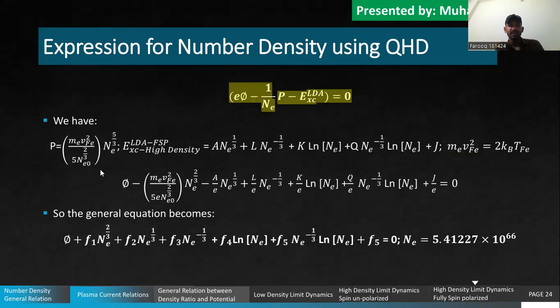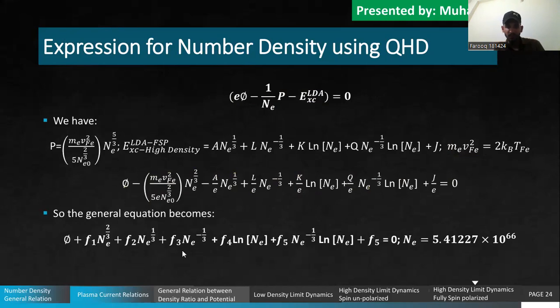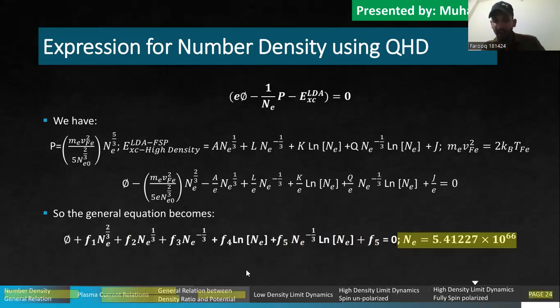So we get this equation. Again, we are going to simplify it. We will convert these values into simple constants F1, F2, F3, F4, and then solving it in Mathematica, we get Ne is equal to 5.4127 times 10 to the power 64.